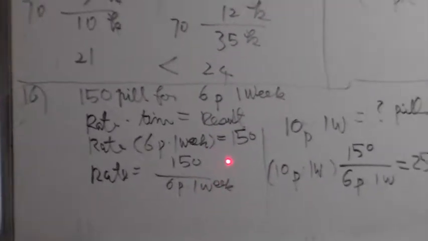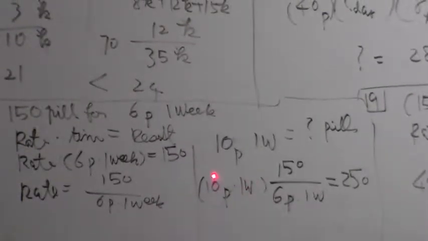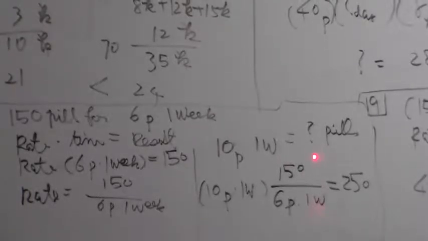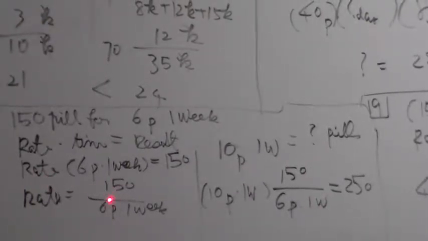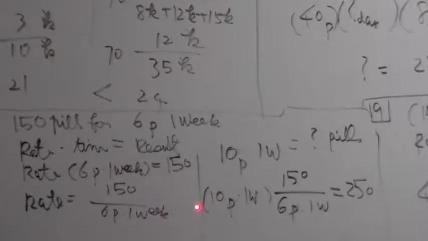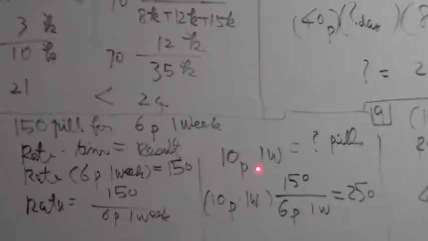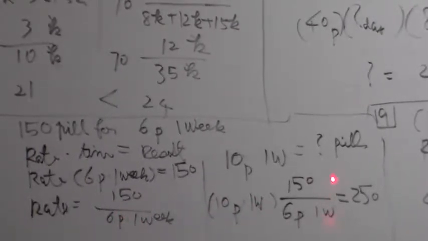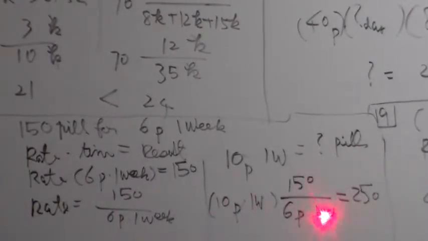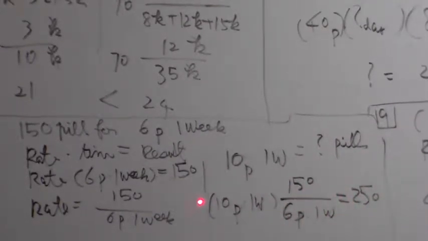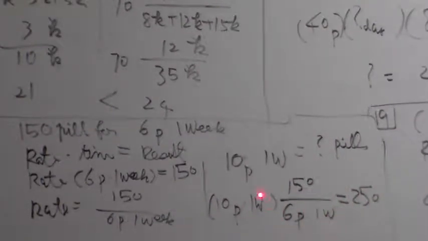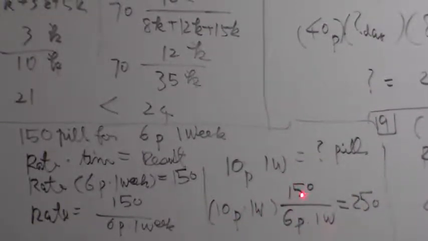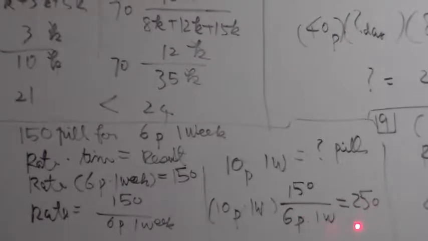Then the question says 10 patients in 1 week. How long does it last? So we know the rate. Rate times time, right? So once you figure it out, patients gone, week gone, then actually 10 times 150 divided by 6 is 250.